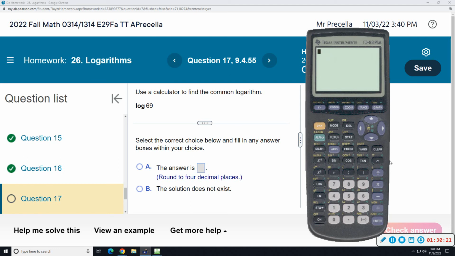Your calculator, if it's like mine, the one that we have up here, there's only 2 logarithm keys: the log base 10 and the ln. Here, you're just using the log base 10. You hit log. Notice it opened a parentheses for you.